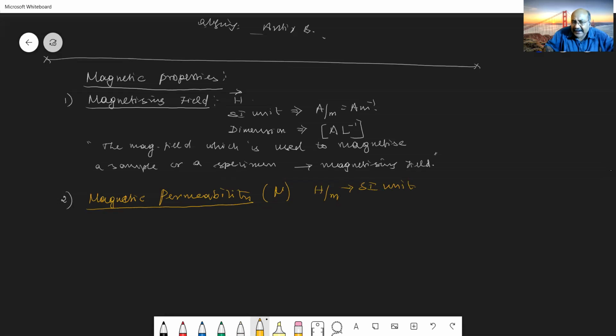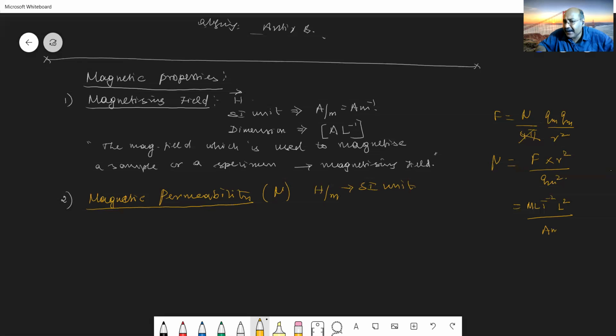If you want to calculate the dimension, we have to calculate it with the help of Coulomb's law. You might have studied it like this: F is equal to mu divided by 4 pi into Qm into Qm divided by R square. So the dimension of mu is F into 4 pi R square divided by Qm square. For force, it is M L T to the power minus 2. For R square, it is L square.